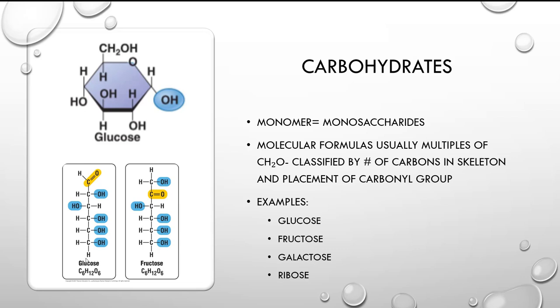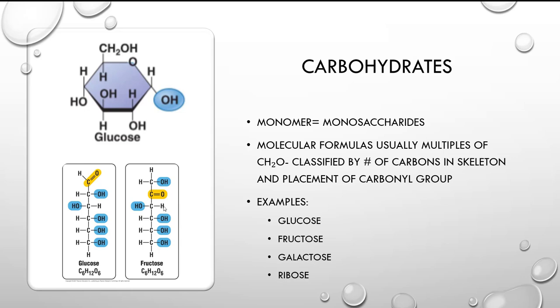Now, remember these 2 particular molecules have the same chemical formula, but different structural formulas or structural placements. And so these, of course, are examples of isomers. So glucose and fructose are isomers.